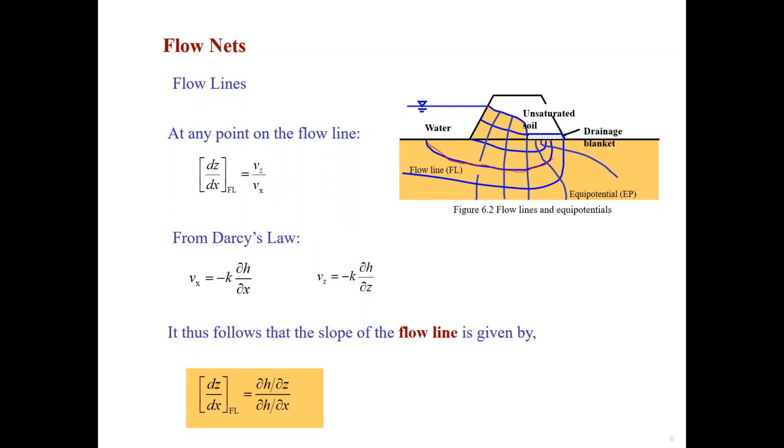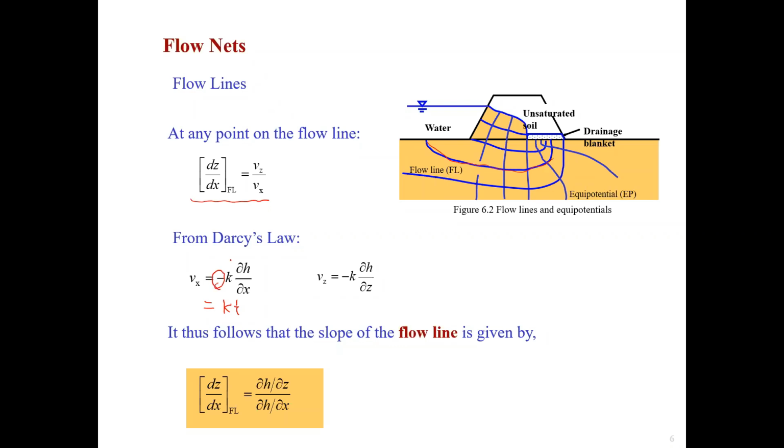At any point on the flow line, we have this relationship. Also from Darcy's law, we know Vx equals k times i, where i is the ratio of the change in height over the change in length, or partial h over partial x.